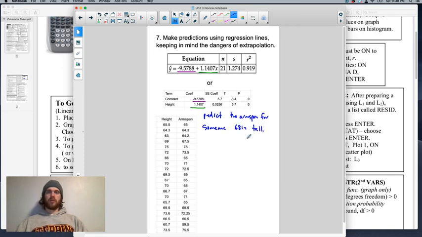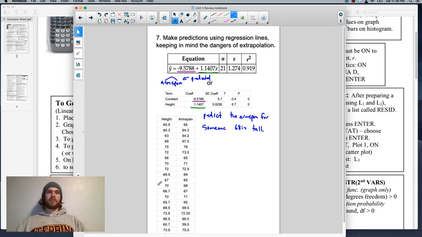Okay, if you're going to do that and you need to show your work by hand, there's two ways that you can write it. You can write it as y hat, or you may see it written as arm span hat. What the hat means, hat just means predicted. So we're going to use our model to predict the arm span for someone that is 68 inches tall.